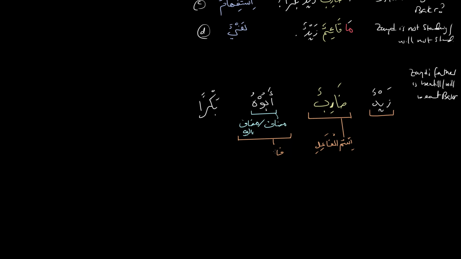Fa'iluhu. Fa'iluhu of what? Which fa'il of whose? Fa'il of the ism fa'il. And then bakran will be maf'ul bihi. So here would be maf'uluhu, like this.